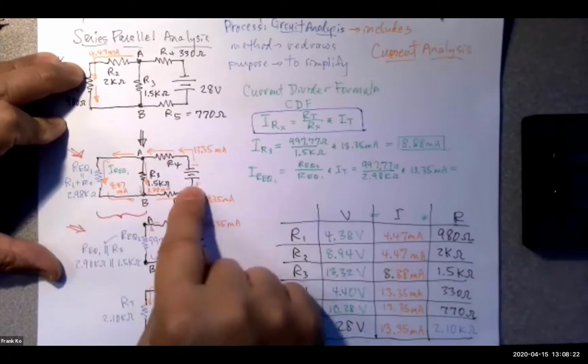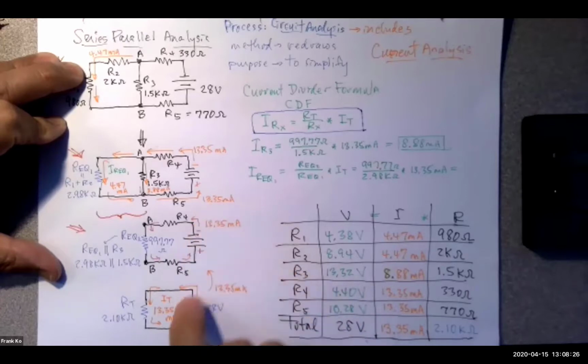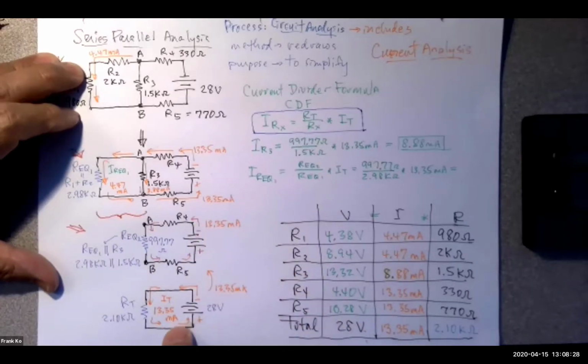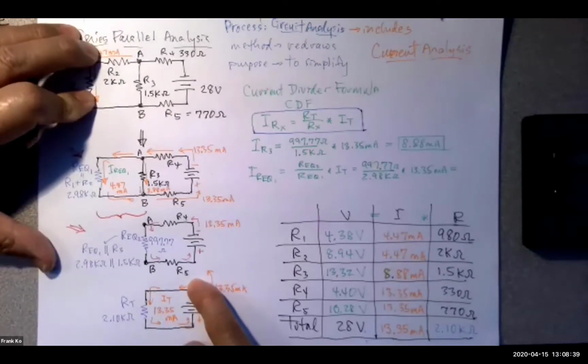The intermediate redraw had a total current that came from this final redraw. The final redraw, as we did 4 draws here, allowed us a single voltage source, an RT, and we calculated an IT. That IT is the current that leaves the source, the same current that enters the source.